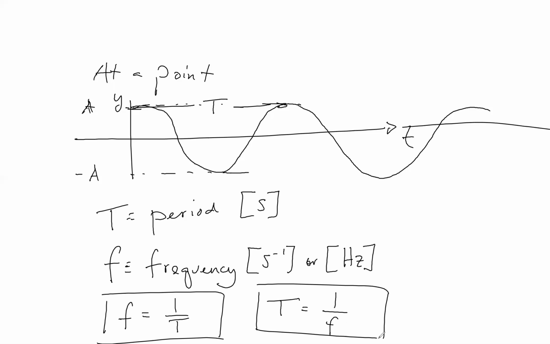So notice we have these sinusoidal waves passing a point in space, and they also behave sinusoidally in time. So I have wavelength, frequency, period, and amplitude to describe these waves. Another thing I'm going to say is that a wavelength lambda passes a point in one period.